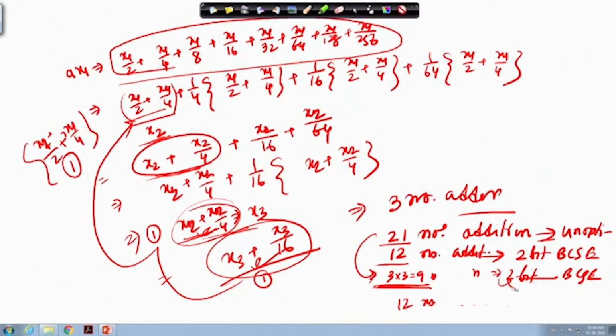This is a step by step technique for how we can reduce the number of addition operations. So, this is the end of this multiplier chapter.